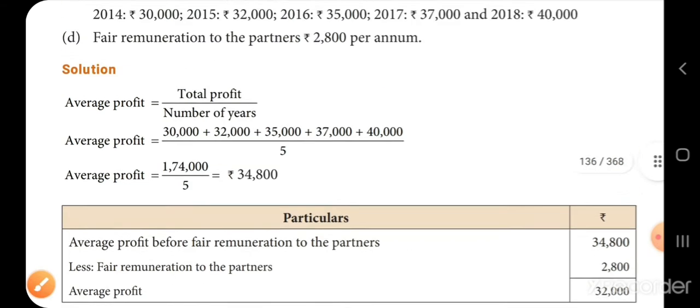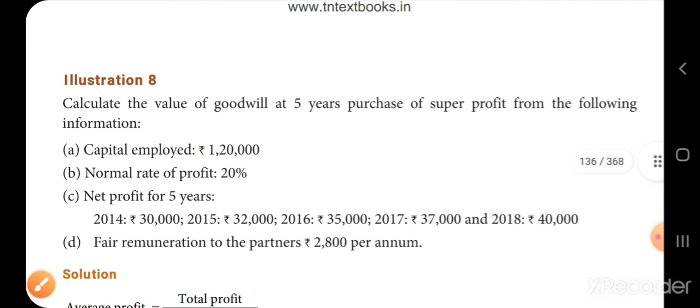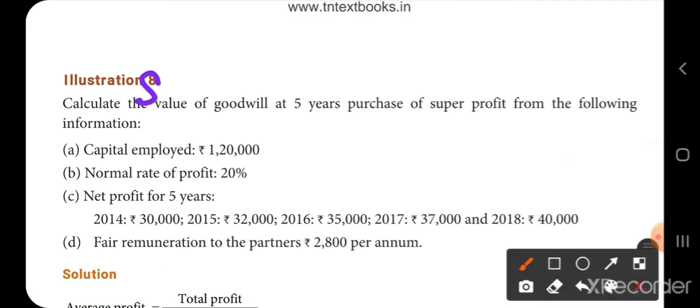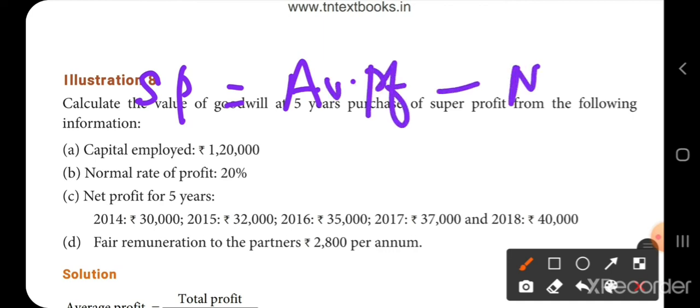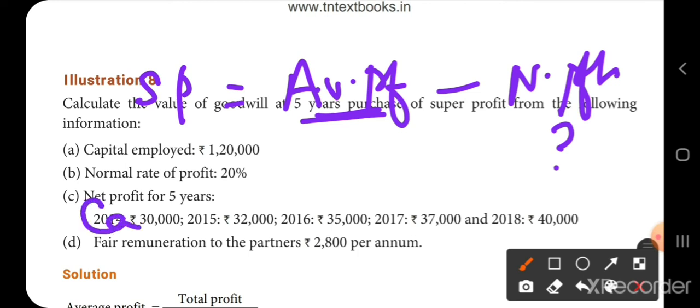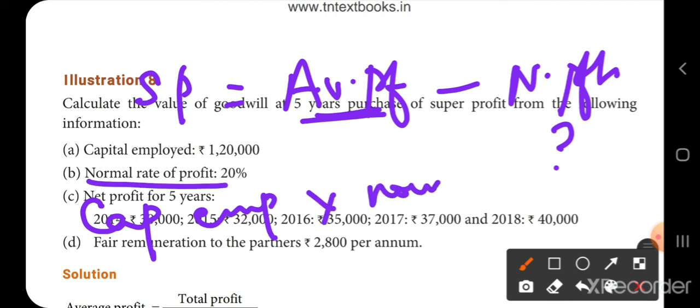Now, you know what is the average profit. Next, super profit, what was the formula I told you? Average profit minus normal profit. Now, average profit you have calculated. Now, you should calculate the normal profit. The formula for normal profit is capital employed into normal rate of return.